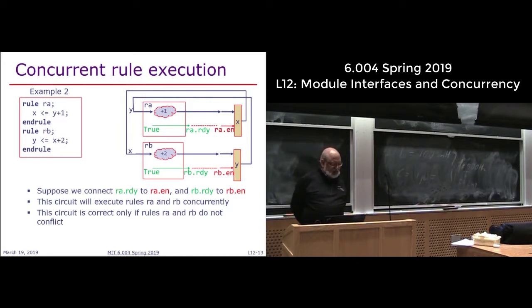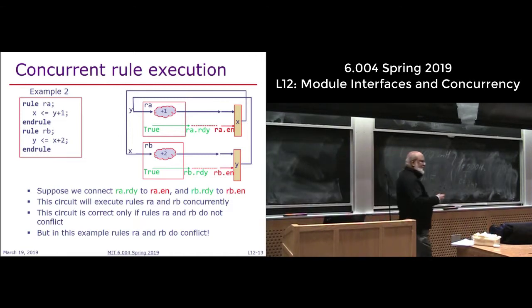What do we know about this example? If you look at its conflict matrix, it tells you that rules RA and RB actually conflict with each other. So we have a problem.